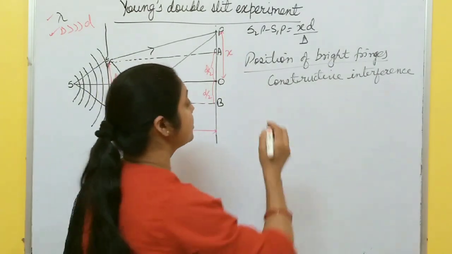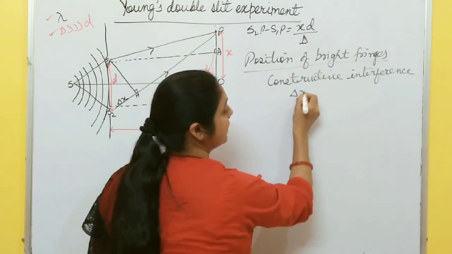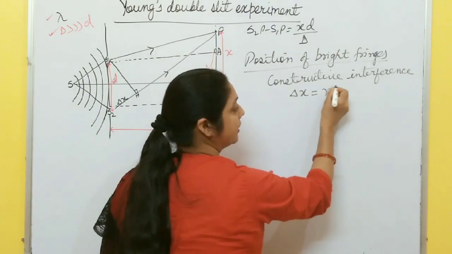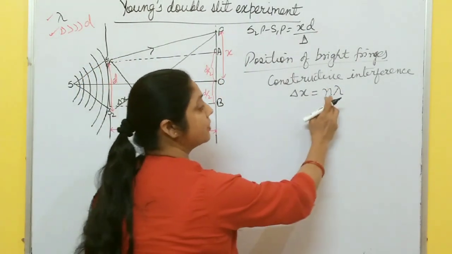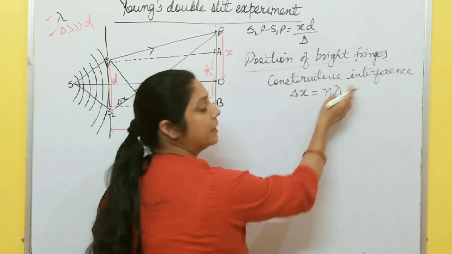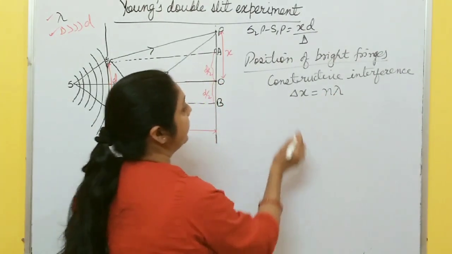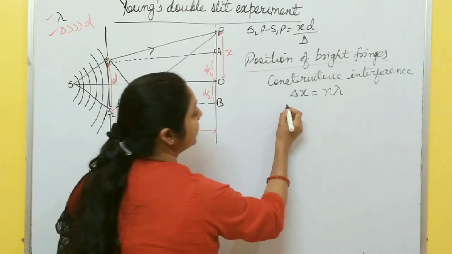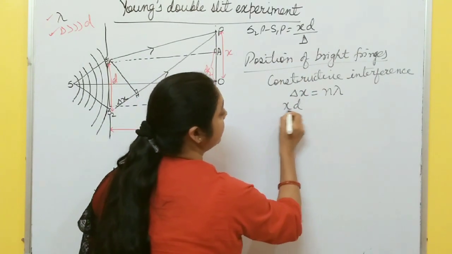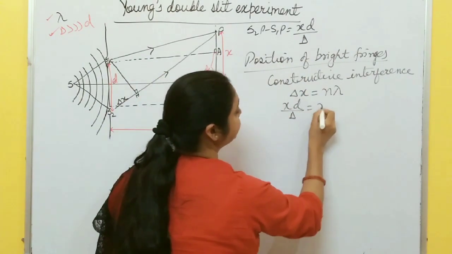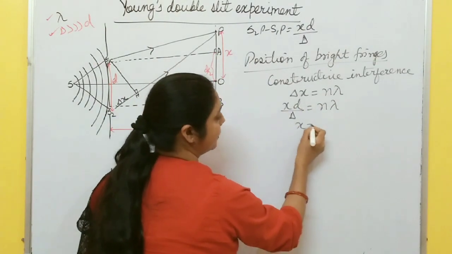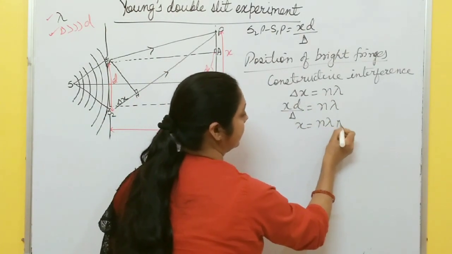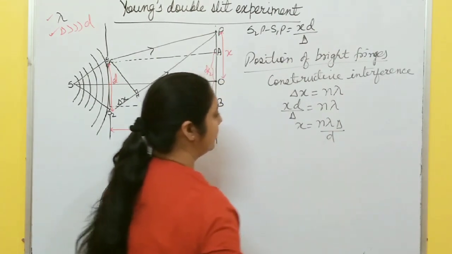Path difference, this delta x, must be n lambda. We already derived this equation, right? Path difference is equal to n lambda. You can write even multiple of lambda by 2. And here you get the path difference, small x small d by capital D equal to n lambda. So from here you get x equal to n lambda capital D by small d.